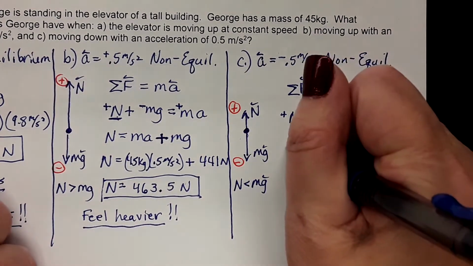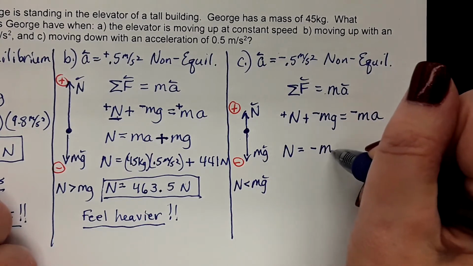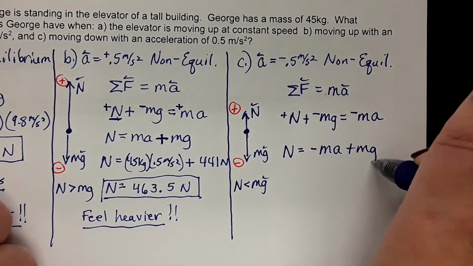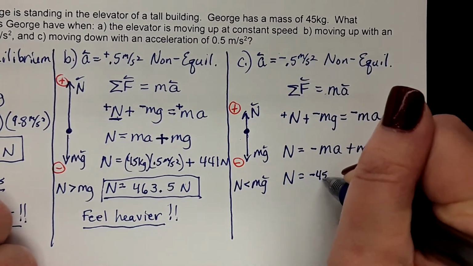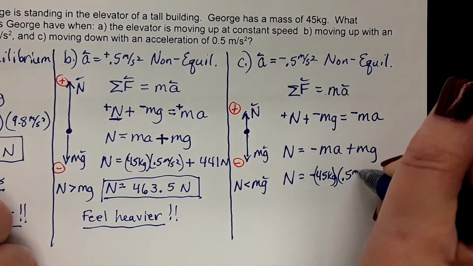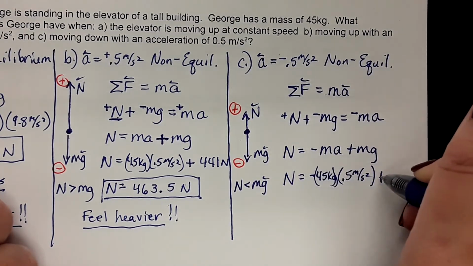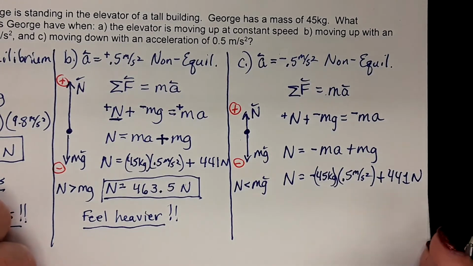All right, so now when we do our algebra, add this to the other side, we get negative ma plus mg. So you're going to end up saying negative 45 kilograms times 0.5 meters per second squared plus 441 newtons, George's true weight.